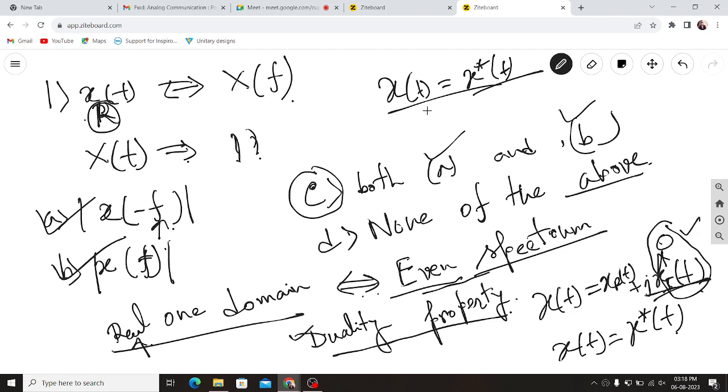Only in that case this will happen. That is what we mean by a real signal. So if x(t) has a real part and an imaginary part, only the real part exists for this signal, not the imaginary part. That is why we say conjugate sort of thing.